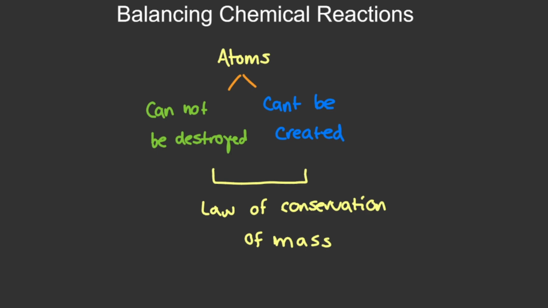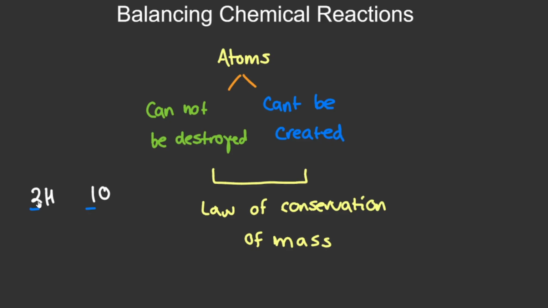So I'm just going to use a very quick and easy example for all of you to understand. Let's say we start with 2 hydrogen atoms and 1 oxygen atom. That means we need to end with the exact same number of hydrogen and oxygen atoms.